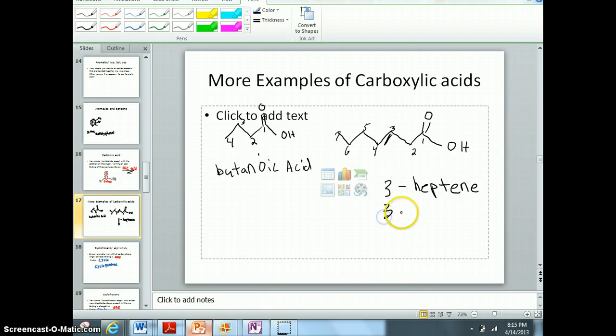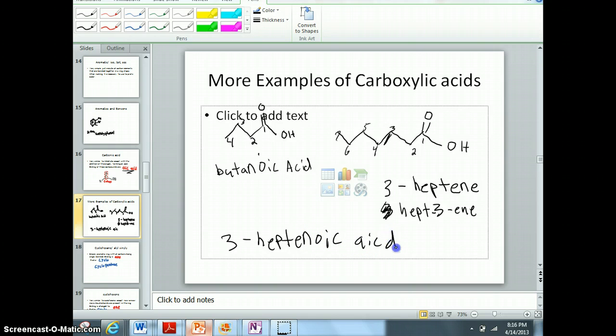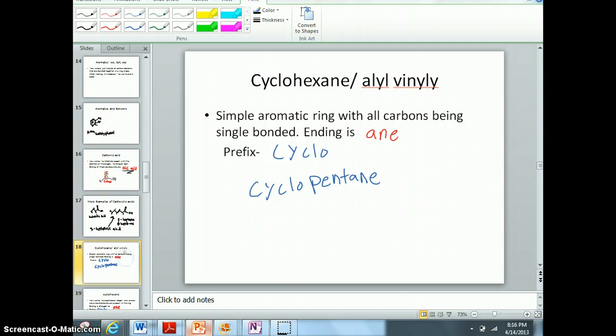Also could be written differently. Either of these is acceptable. And now we have our carboxylic acid at the end. So we'll just write it 3-heptenoic acid. And that is our molecule right there. Right. Next one.